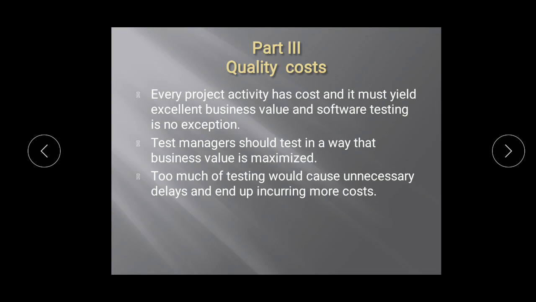There are 4 categories in which quality cost is defined: prevention cost, detection cost, internal failure cost and external failure cost. Prevention cost is the cost of training the developers.